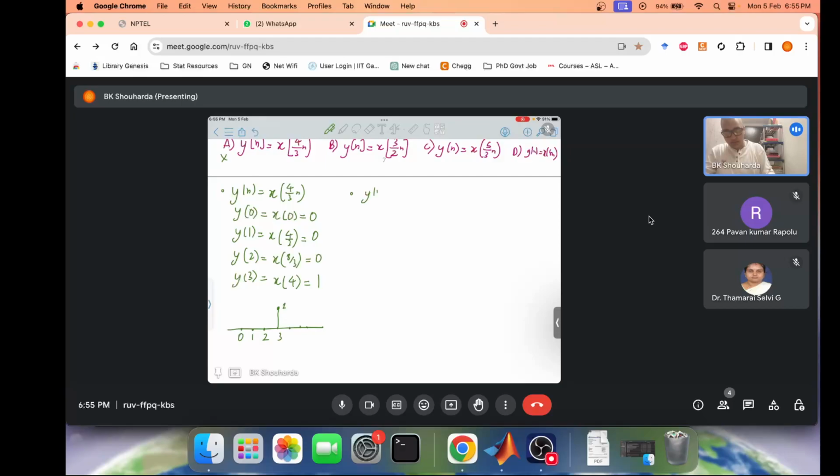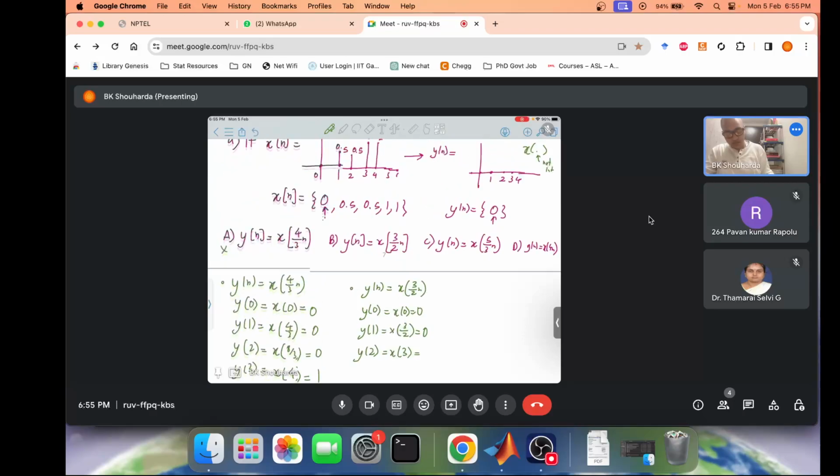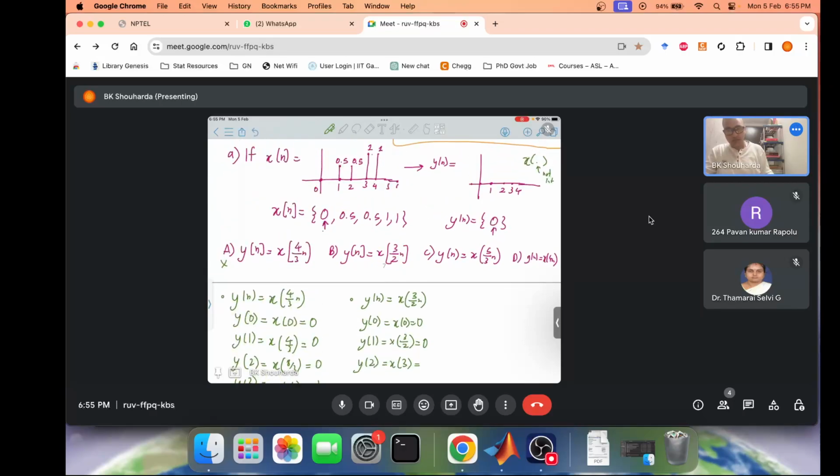Now let's look at y[n] equal to x[3/2 n]. y[0] is x[0], same. y[1] is x[3/2]. This is a fraction, so it's 0. y[2] is x[3], and x[3] was 1.